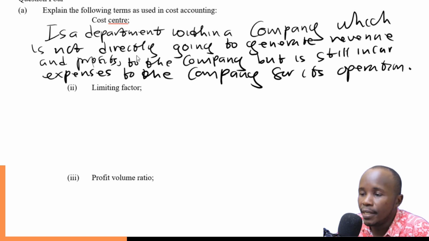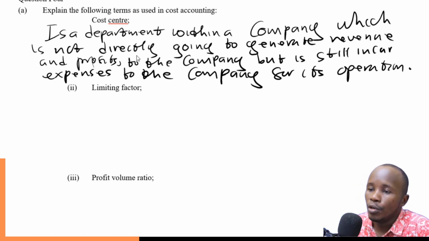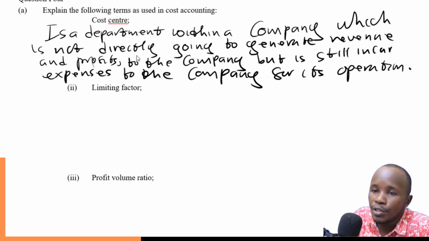The accounts department in a company will incur expenses, but they are not directly involved in generating revenue. If you go to the production department, they are involved in generating revenue. You go to the marketing department. So the accounts department can be considered as a cost center.